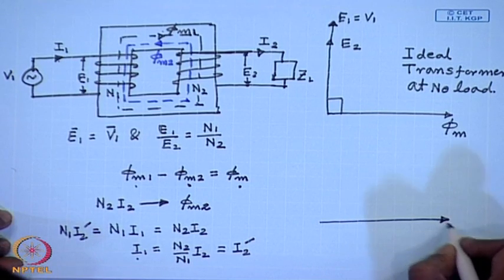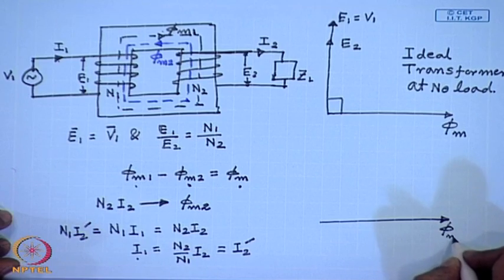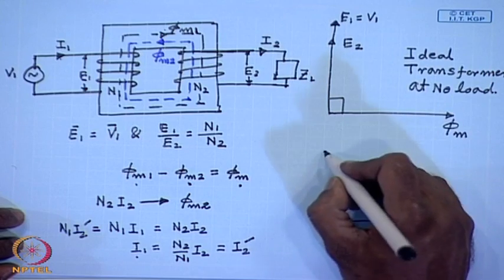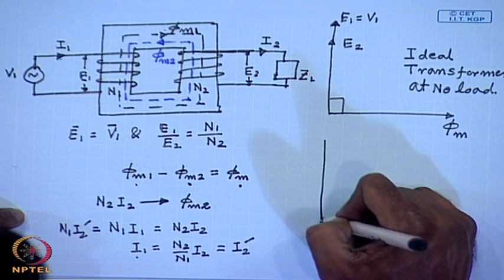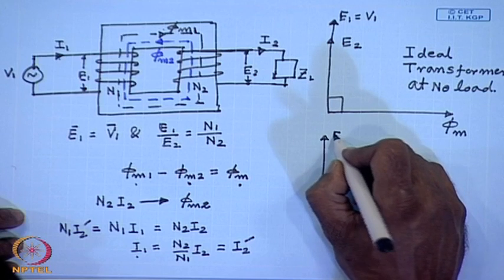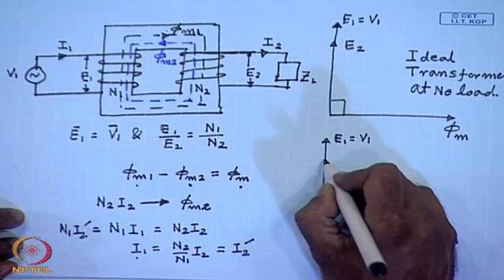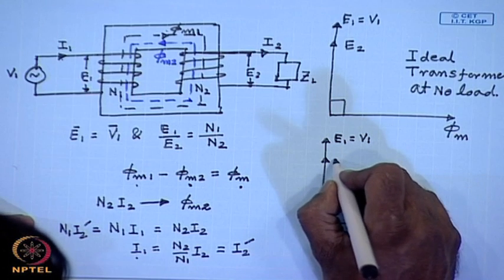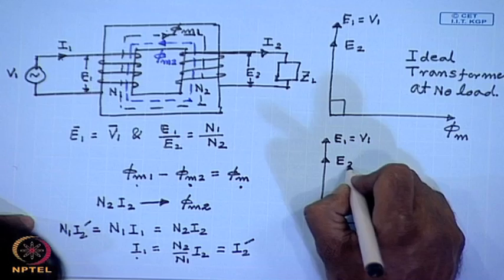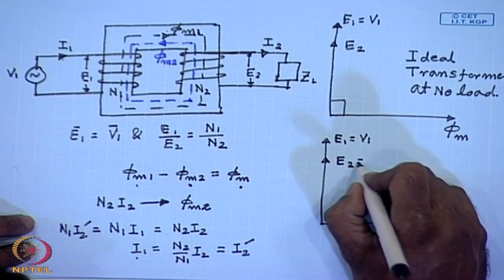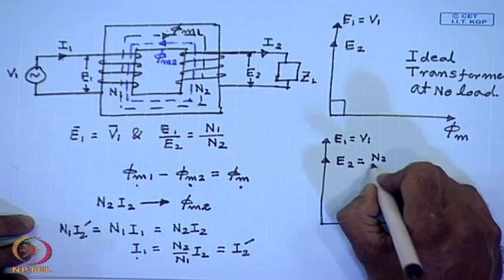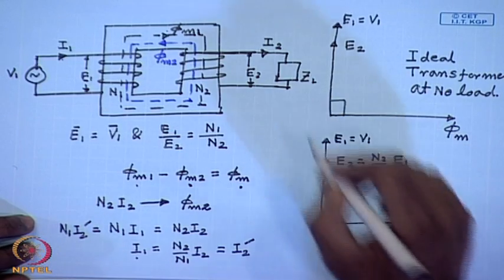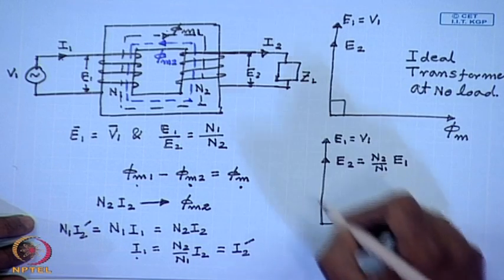Again taking the net flux linkage phi m to be the reference phasor, we have seen that under load condition E1 and E2 remain unchanged, that is E1 still is equal to V1 and E1 by E2 is equal to N1 by N2. The current I2 is determined by the load impedance ZL.